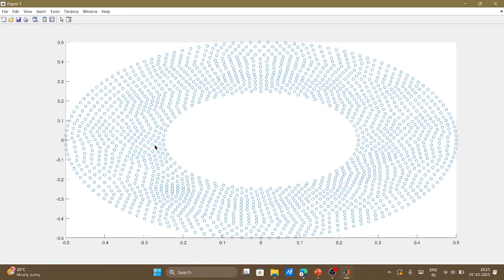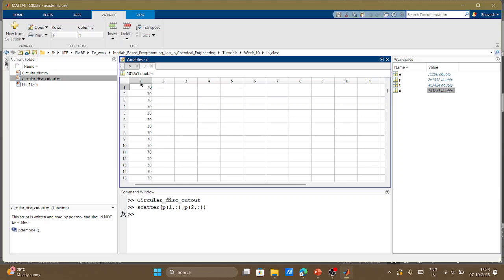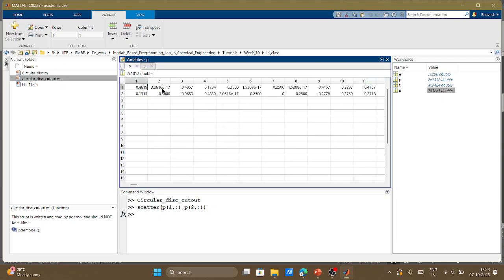All the point values are given, and corresponding to each point we will have our temperature data. For the first point, where the x coordinate value is minus 0.4619 and the y coordinate is 0.1913, your u value will be 70. For the second point, its coordinate is 0, minus 0.5, and your u value is 70. Similarly for the third point, the fourth point, right?